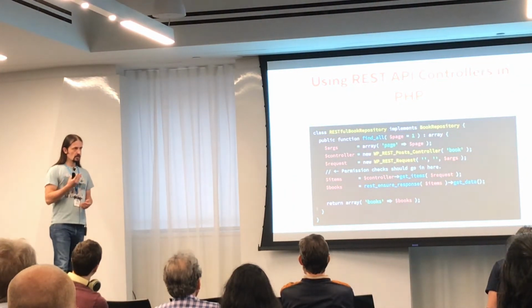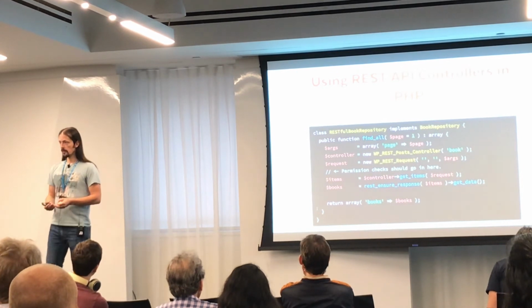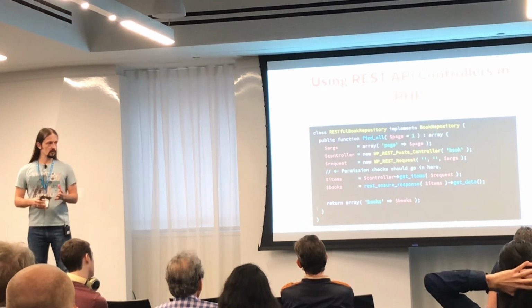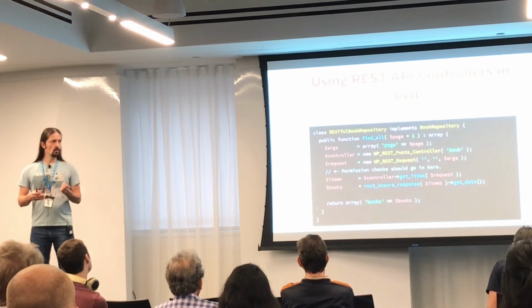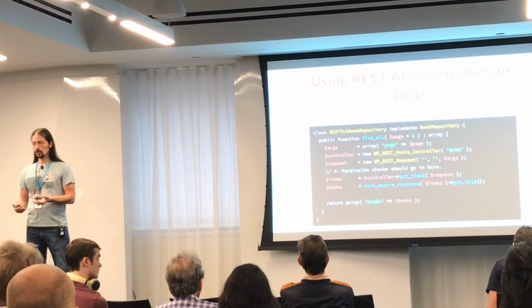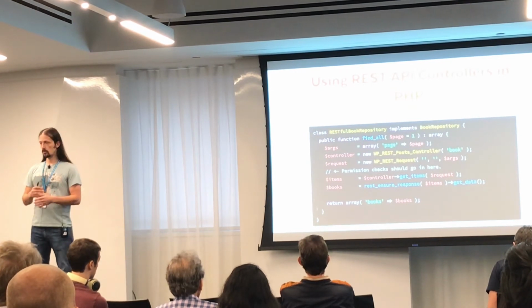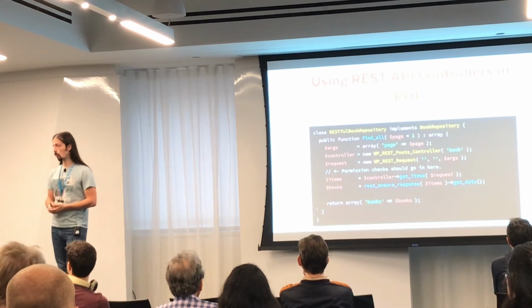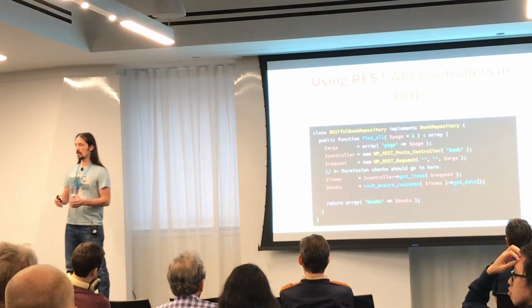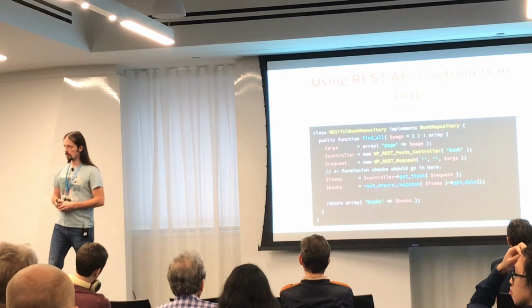So using REST API controllers in PHP, it's actually not a lot of magic. Just remember that the REST API provides an object model you can work with, and everything that the core does to make the endpoints available is also available to you to use internally on the server.